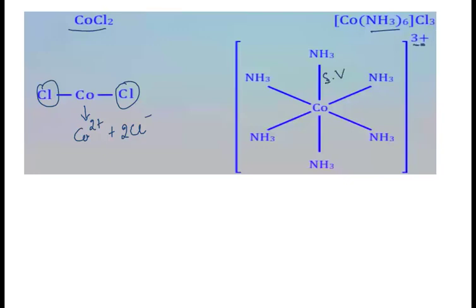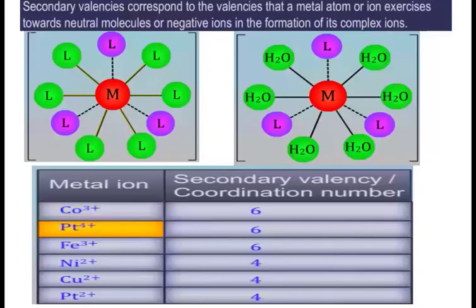And the charge that will appear will be due to removal of that ionizable primary valency, that is 3Cl primary valency.